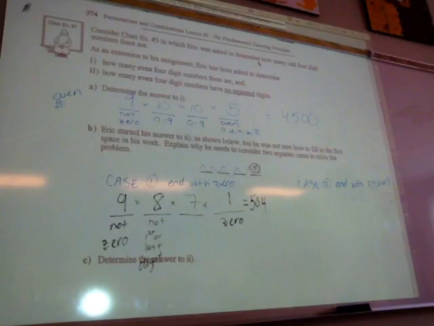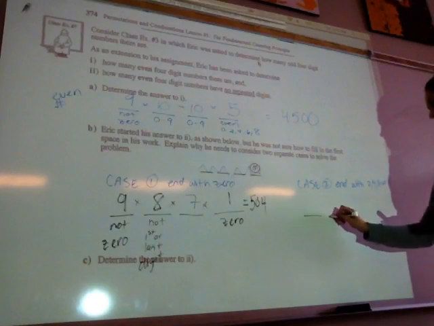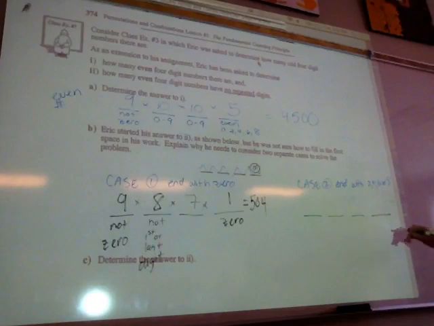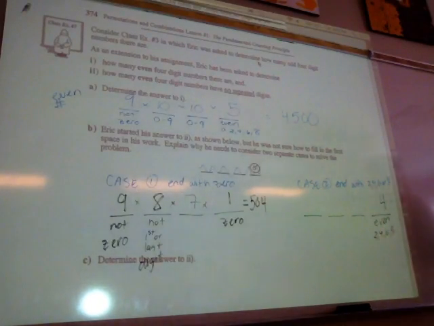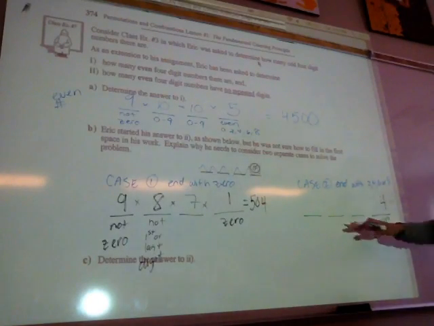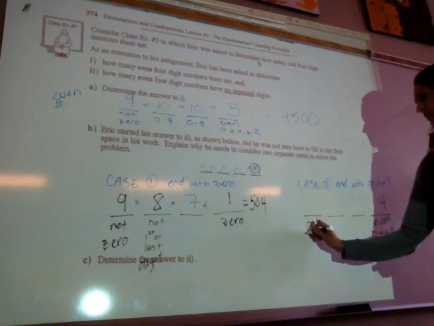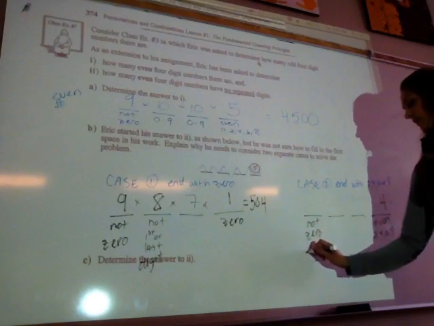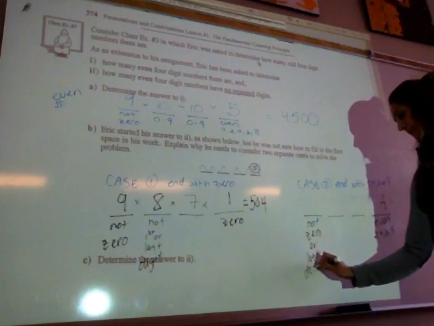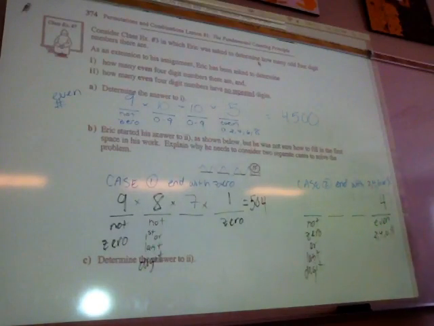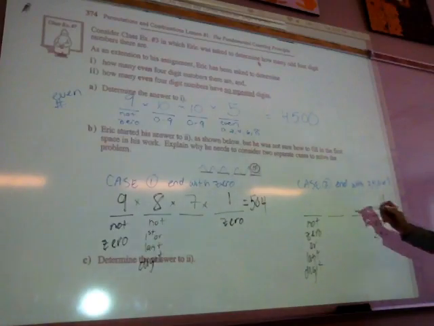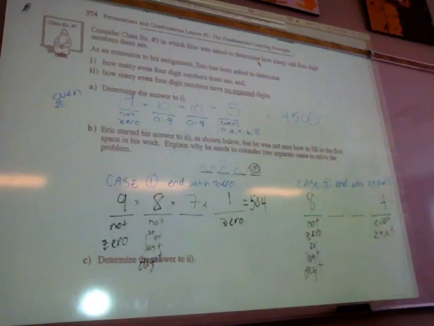Now let's look at the second case. It's still a 4-digit number, but we're going to consider the case where our last even digit is 2, 4, 6, or 8, which means I only have 4 choices. The first digit won't be 0 or the last digit, so that means I only have 8 possibilities.